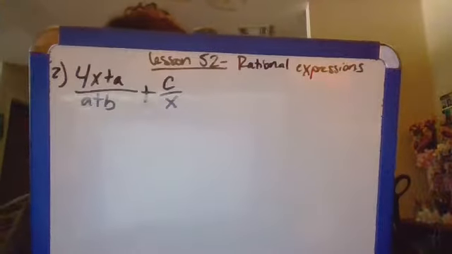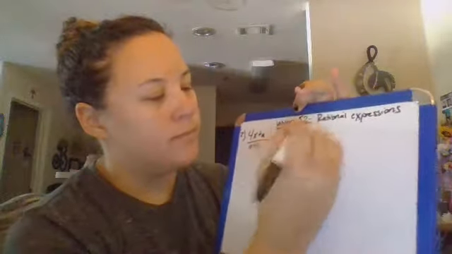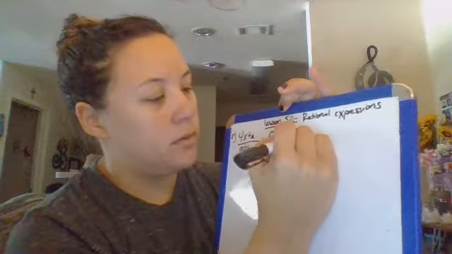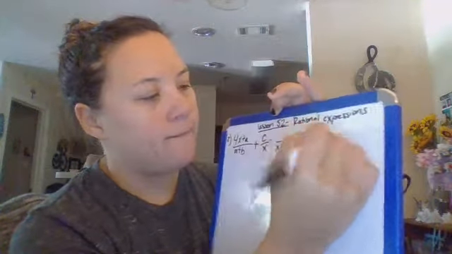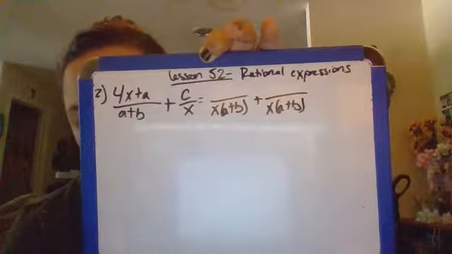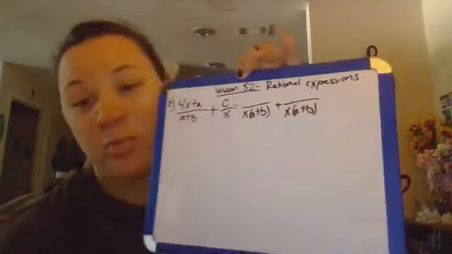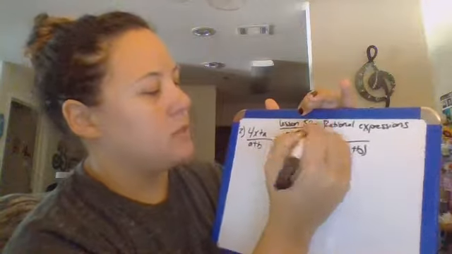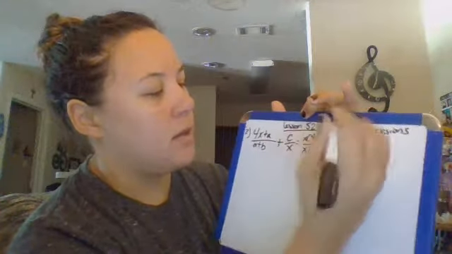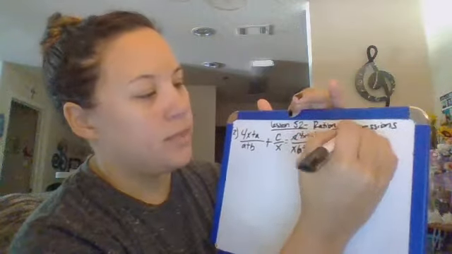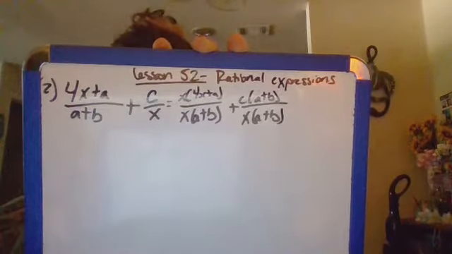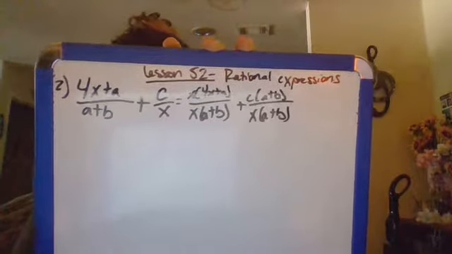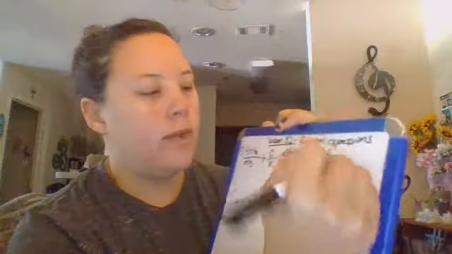Excuse me. Then we find our least common multiple of the denominators. So that becomes x times a plus b. Then we multiply our numerators by the previous denominators. So we have x times 4x plus a and c times a plus b. And we are going to solve that.